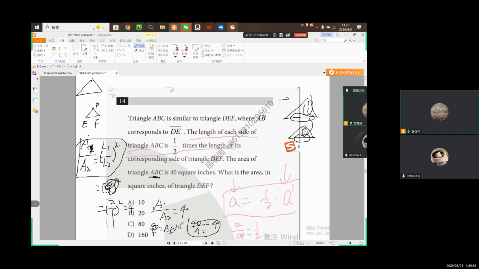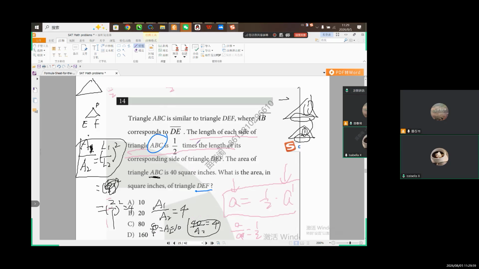Does that make sense? A1 is the area of ABC, and we're finding the area of triangle DEF. Isn't ABC the smaller one?